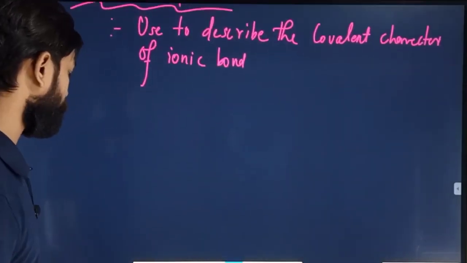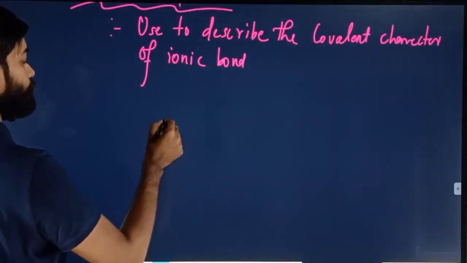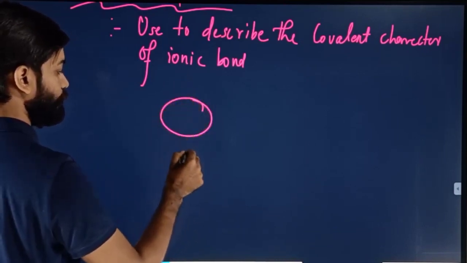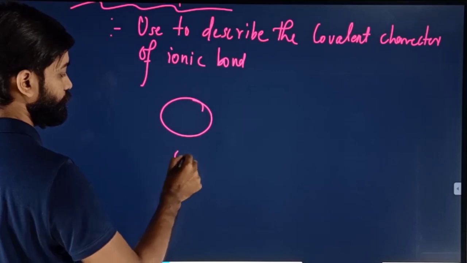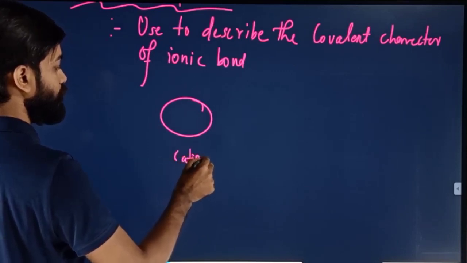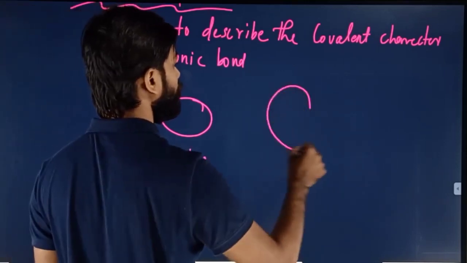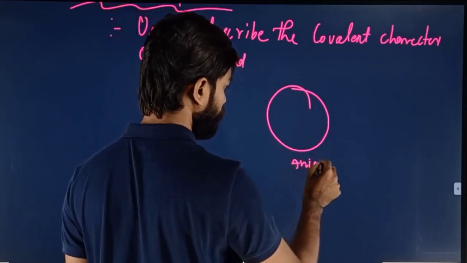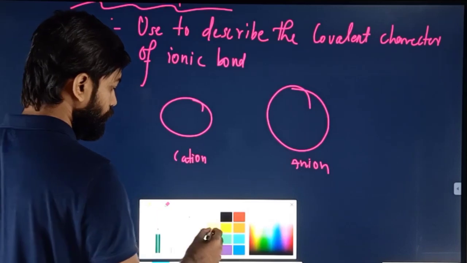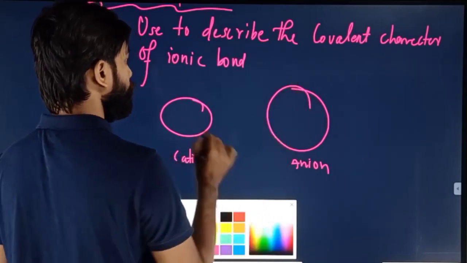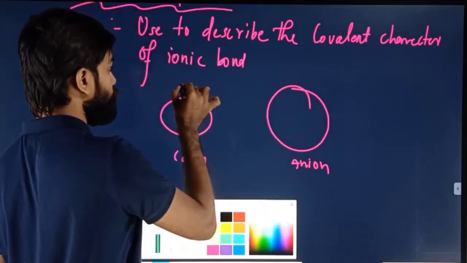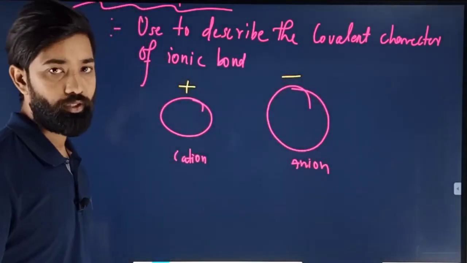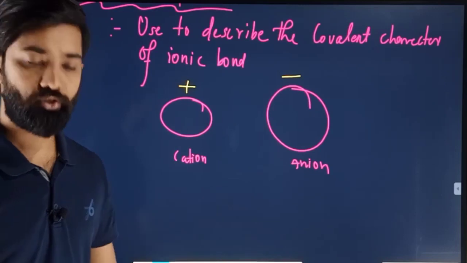We all know that in case of an ionic bond, this is your positively charged cation, and this is your anion. During the formation of an ionic bond, the cation completely loses the electron and the anion completely gains the electron, so the cation carries a positive and the anion a negative charge.